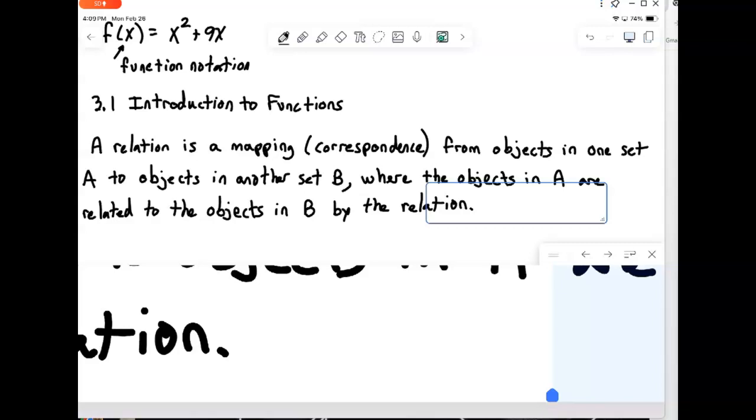Now it could be a simple list of these are the things, they're related. Perhaps you're at a family reunion and we want to start relating everybody that they're blood related to, right?